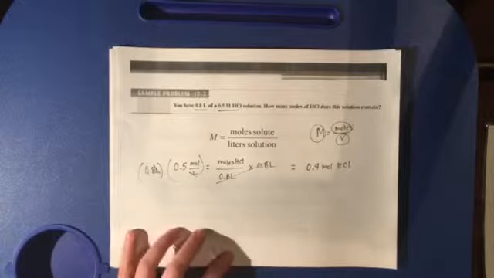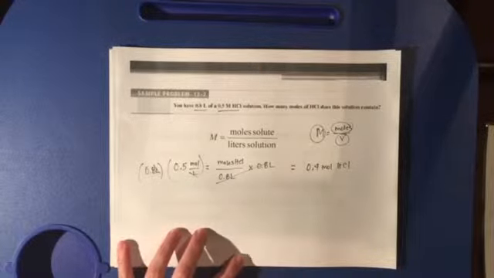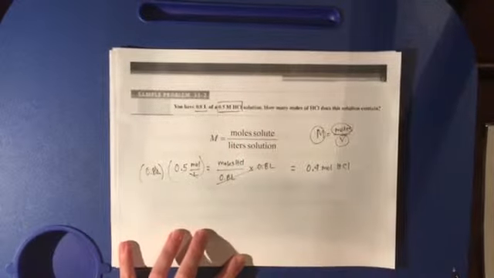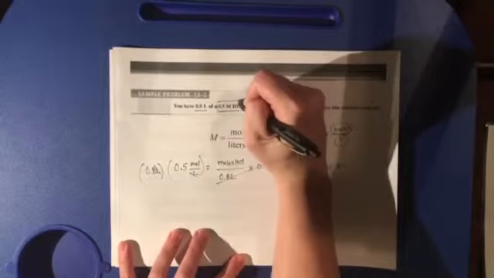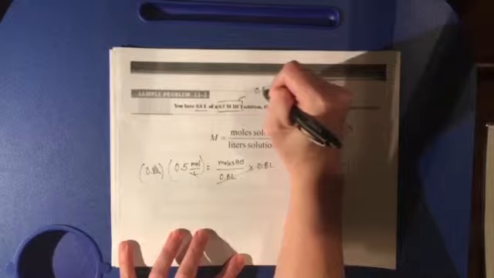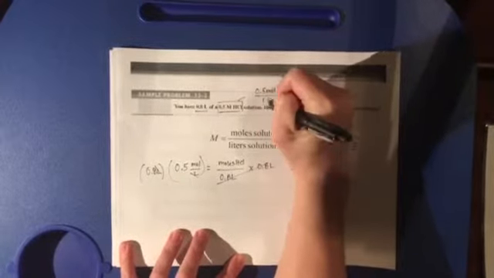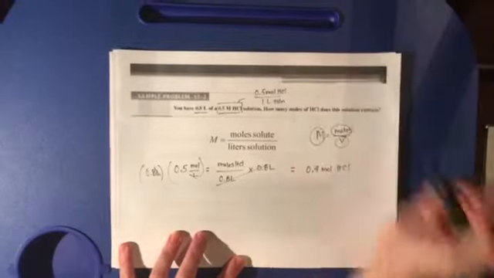For me, it's a little easier to do this, making the molarity into a conversion factor. And so the way I would write this is that I have 0.5 moles of HCl for every 1 liter of solution.